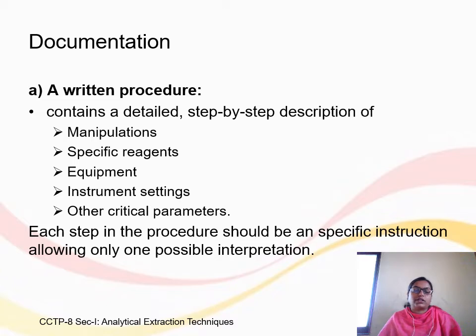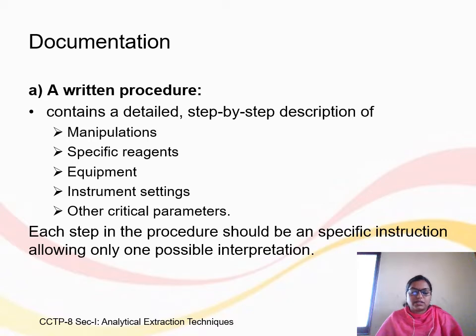In the documentation, first a written procedure, this point we will discuss in detail. It contains a detailed step-by-step description of manipulation. If there is a written procedure, then we can manipulate the procedure. Specific reagents, which reagents are used in that procedure, we can write in that written procedure.